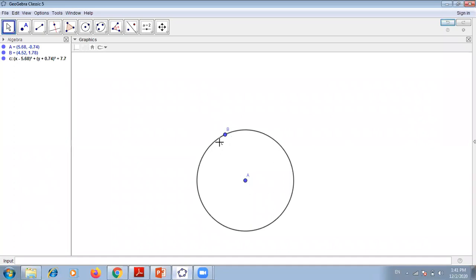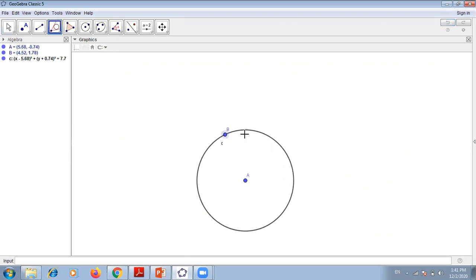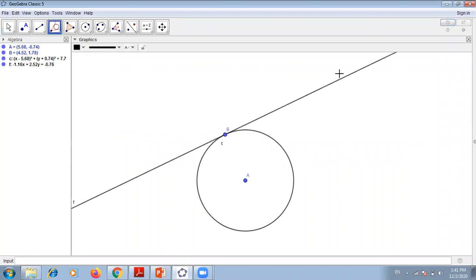Here you can see a circle with center A and any point B on the circle. If I draw a tangent to that circle, I'm drawing a tangent at this point, that is a tangent line, as it's touching the circle at one single point.